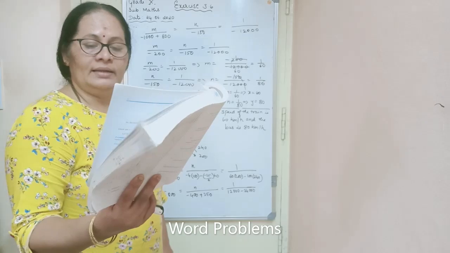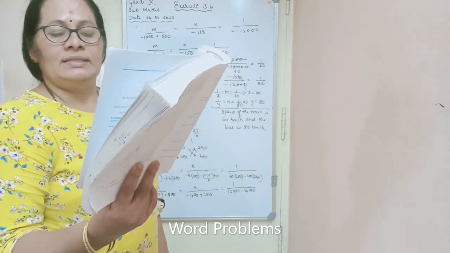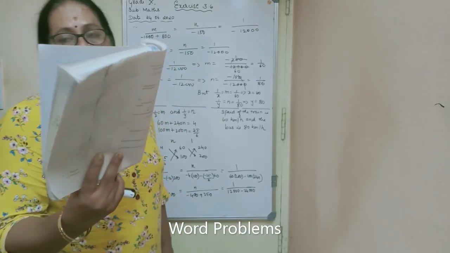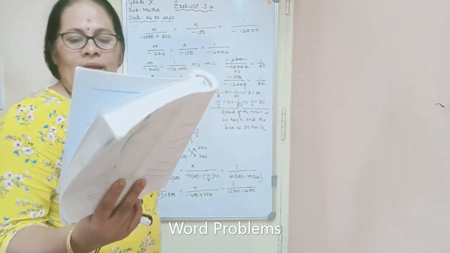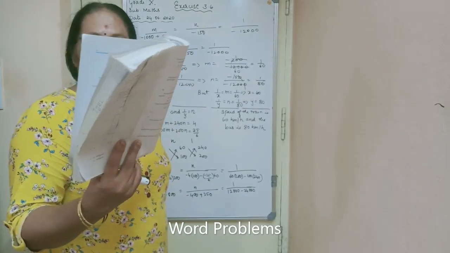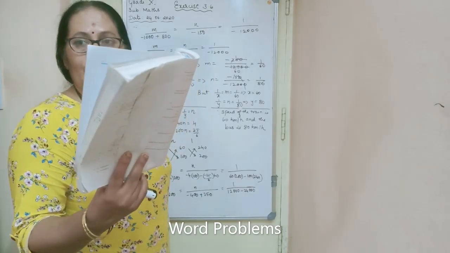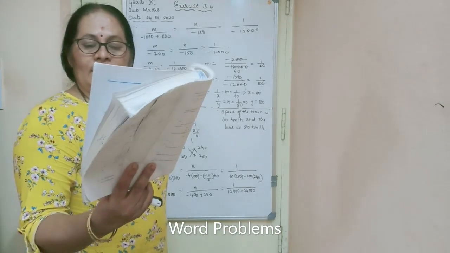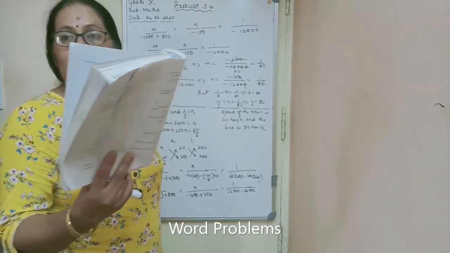Then the second condition: she travels 100 kilometer by train. So the time taken is 100 by x, and remaining by bus, that is 200, so 200 by y by bus. So total time taken is 10 minutes longer.